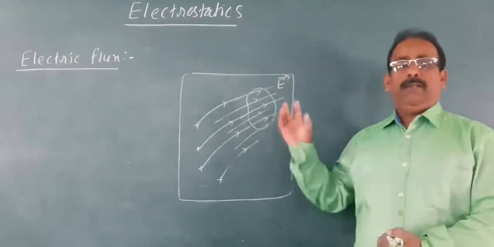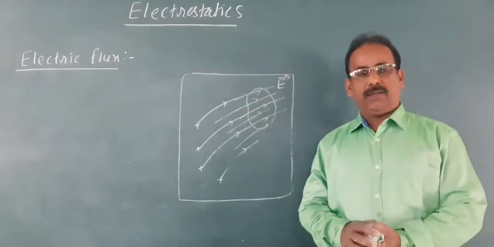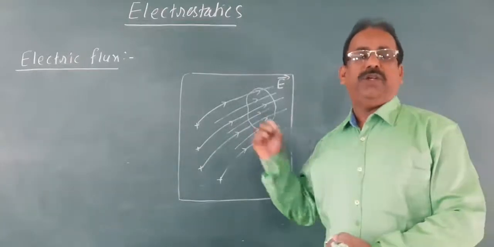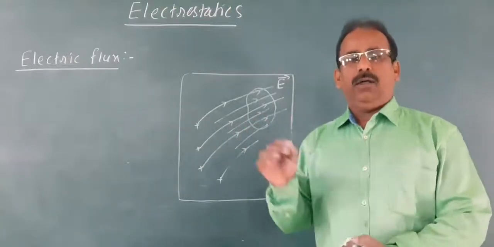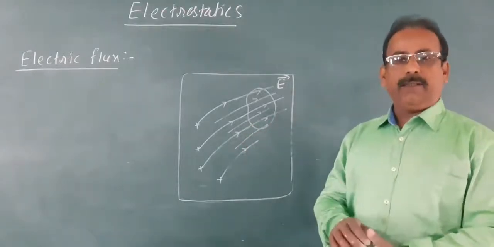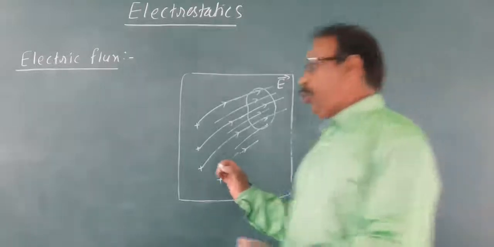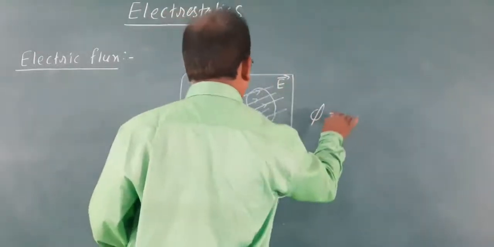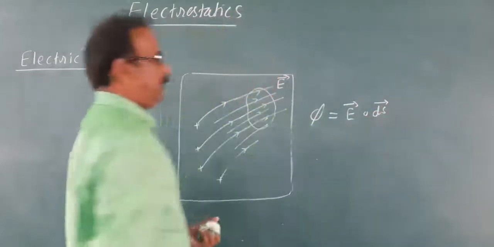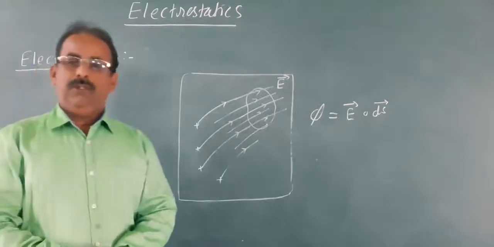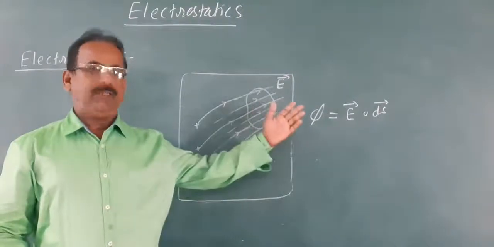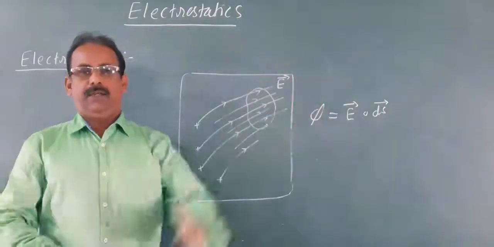The number of electric lines of forces which come normally through the given area is called electric flux passing through that area, which is given by dot product of intensity vector and area vector.